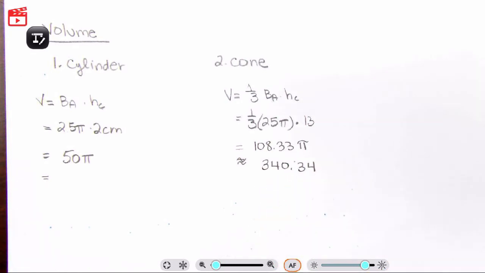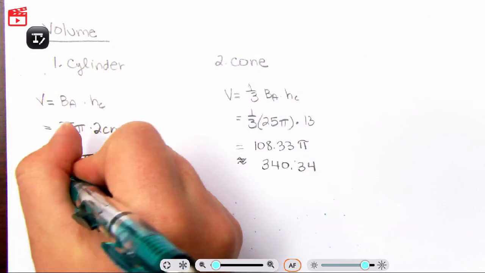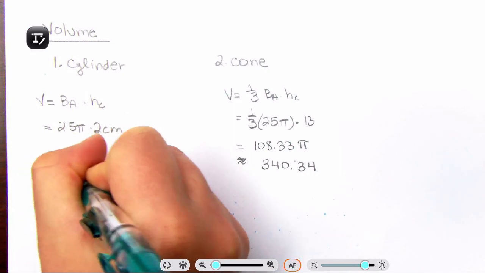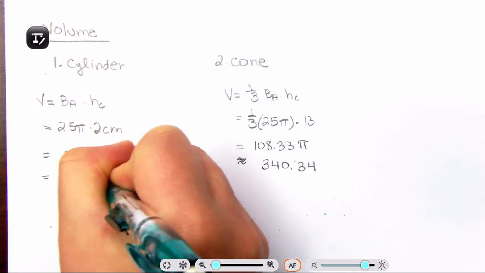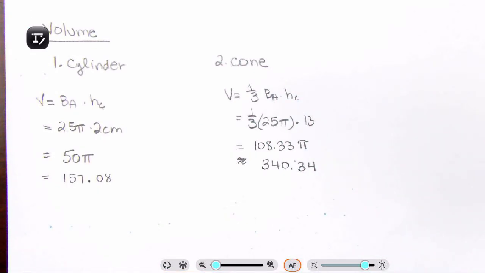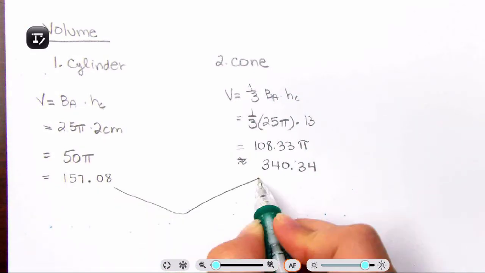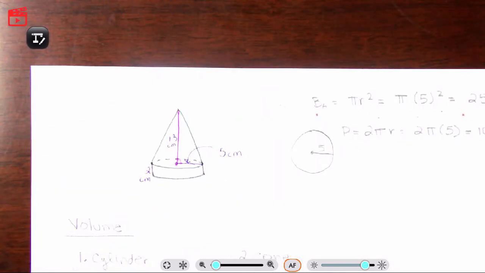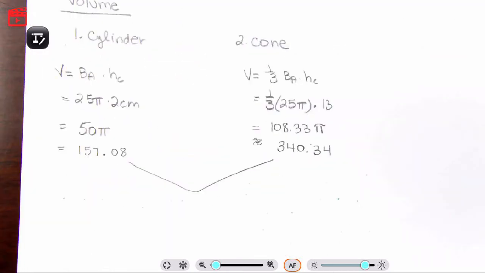And then for the volume of the cylinder, it is 50 times pi, which gives me an approximated answer of 157.08. Again, for volume, all you have to do is ask yourself, did we put things together? Did we remove anything? Nothing was drilled out. We just put that cone on top of your cylinder. So we are just going to add these things together.